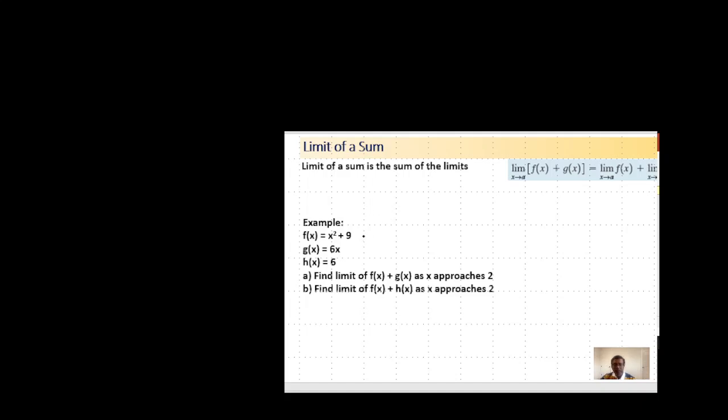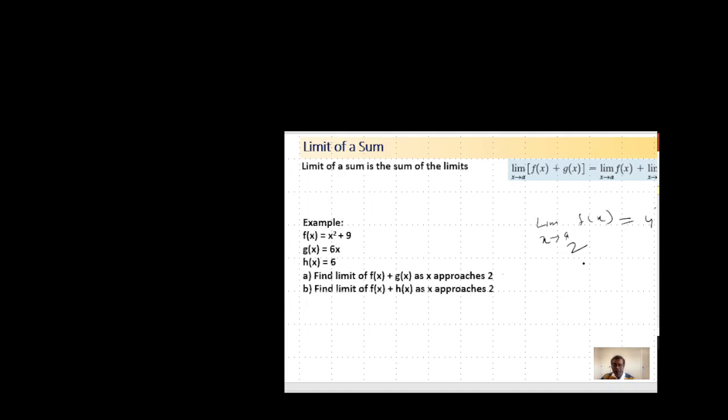Here we have very simple functions: f(x) is equal to x squared plus 9, g(x) is 6x, and h(x) is 6. First, we try to find the limit of f(x) plus g(x) as x approaches 2. The limit of f(x) as x approaches 2 will be 4 plus 9, which is 13.